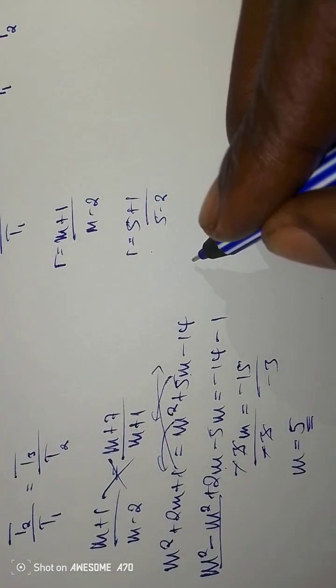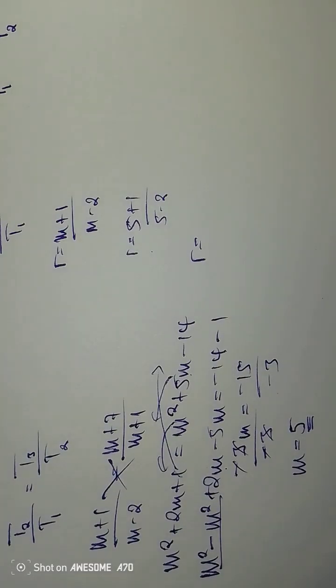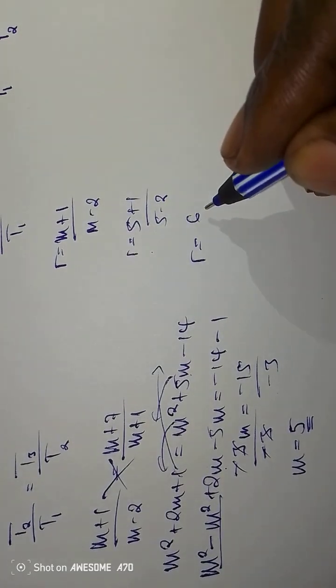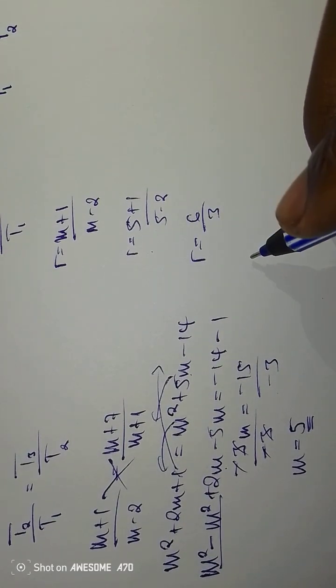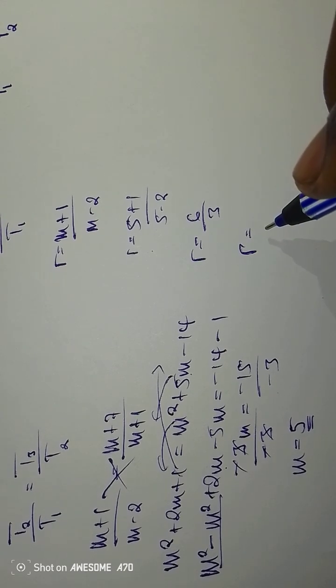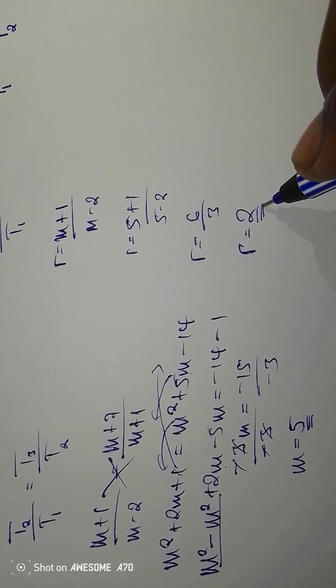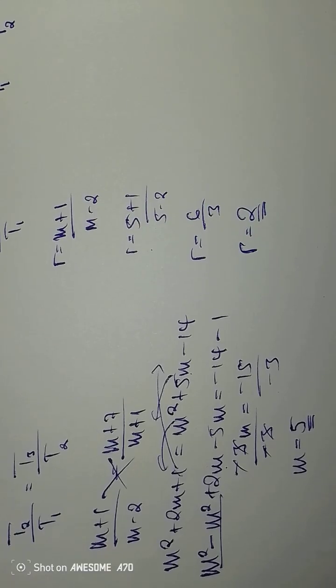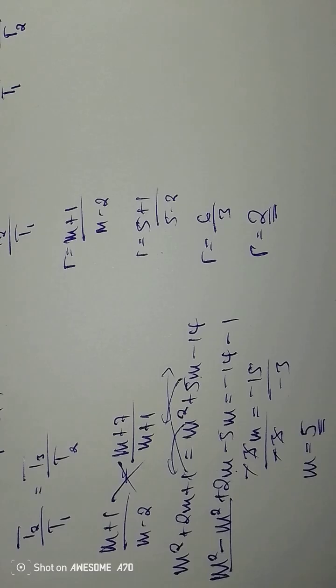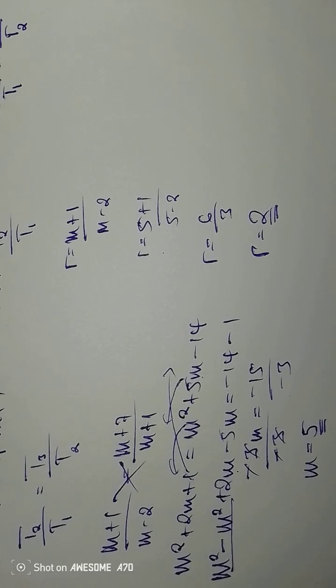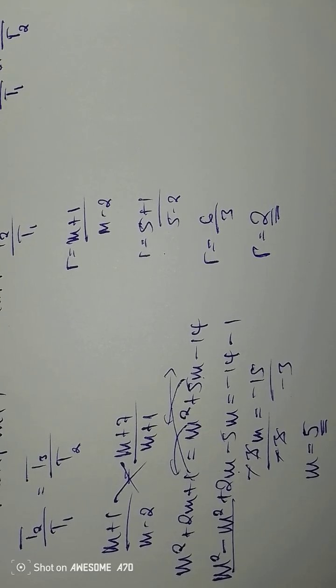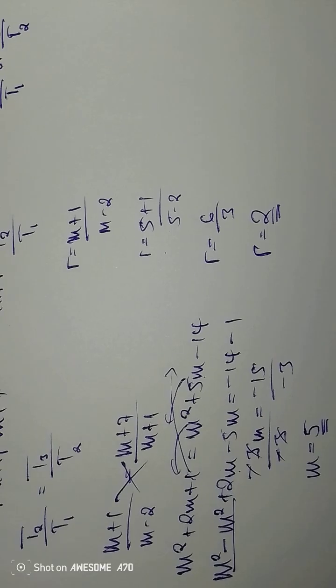So the common ratio is equal to 6 over 3, which is 2. That is our answer for the common ratio.